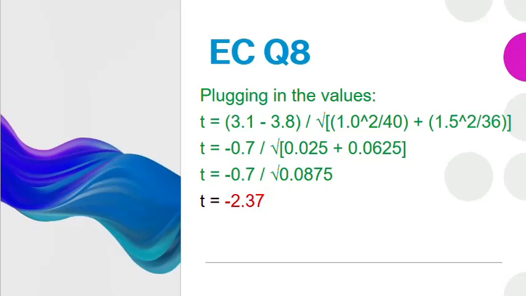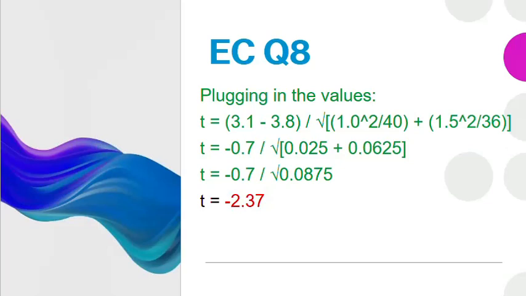In the numerator, if you subtract 3.8 from 3.1, you get negative 0.7. For the first parenthesis, 1.0 squared divided by 40 simplifies to 0.025, and for the second parenthesis, it should give you the value of 0.0625, and we add those in the next step, within the brackets.